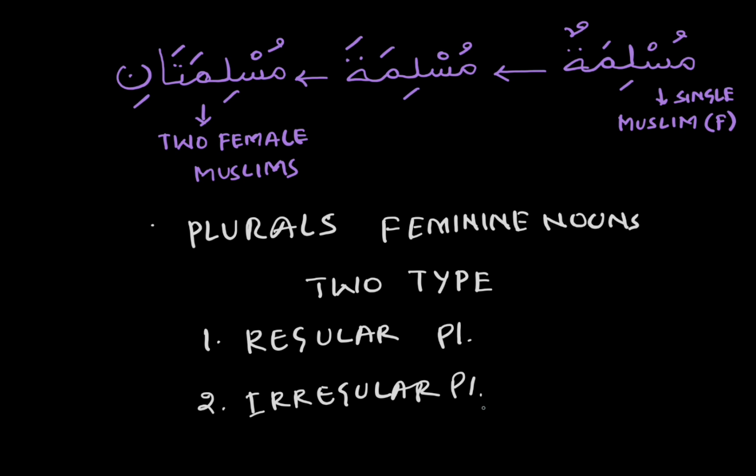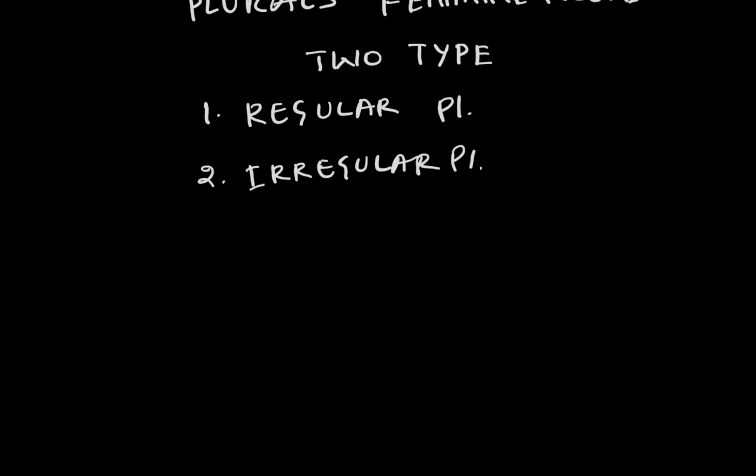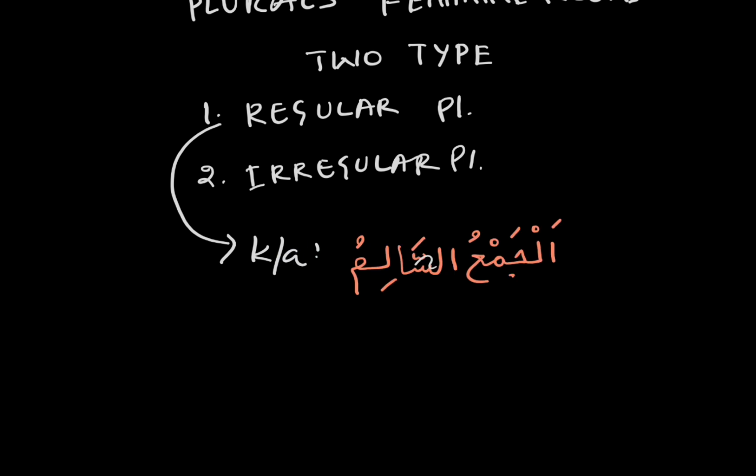Irregular plurals are also known as broken plurals. The regular plurals are also known as al-jam' as-salim. The masculine regular plurals are known as jam' al-muzakkar as-salim.